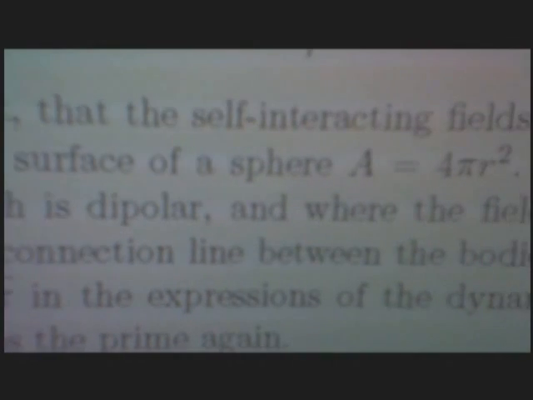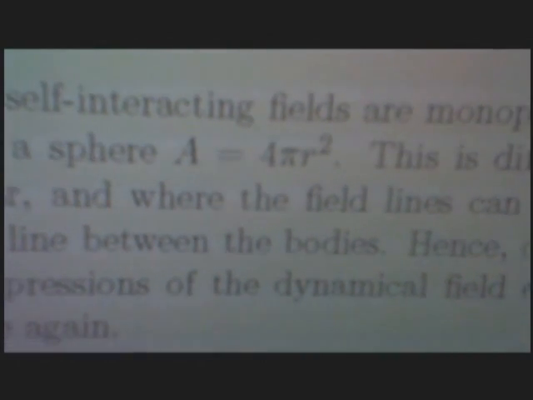The factor square root 4π stems from the fact that the self-interacting fields are monopole fields, where radial field lines are stretched out on the surface of a sphere A = 4π r².